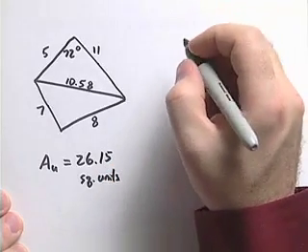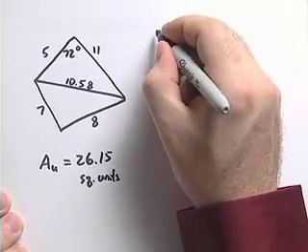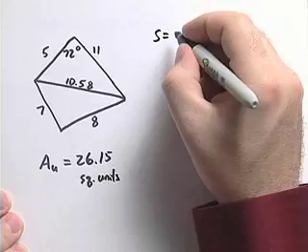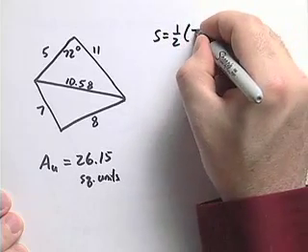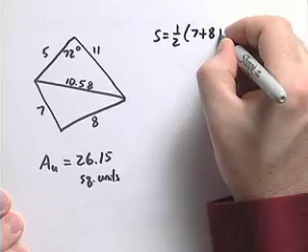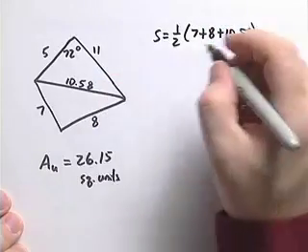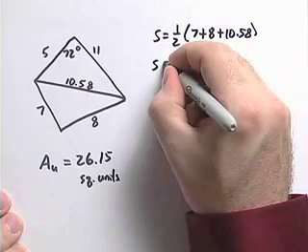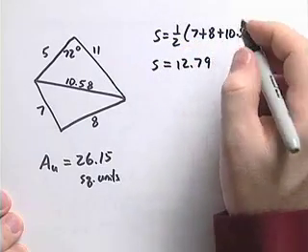We're going to use Heron's formula to get the area of the lower triangular region. We're going to need S for that, the semi-perimeter. That's going to be 1/2 times 7 plus 8 plus 10.58. It's just the sum of our three sides. So we'll find that S is equal to 12.79.